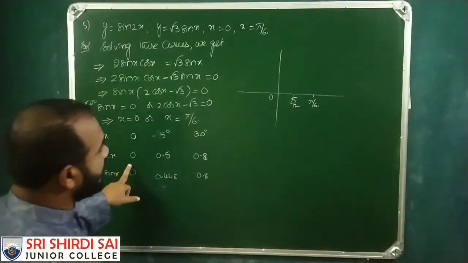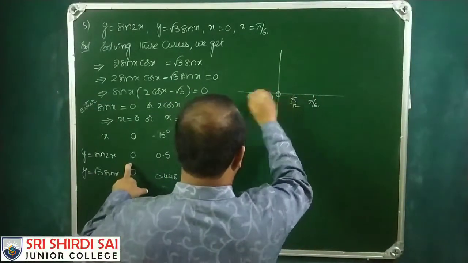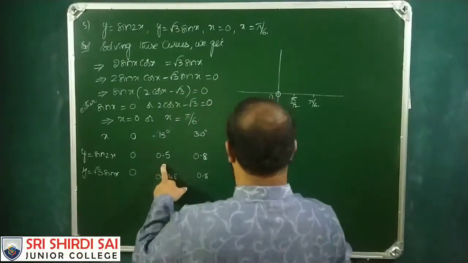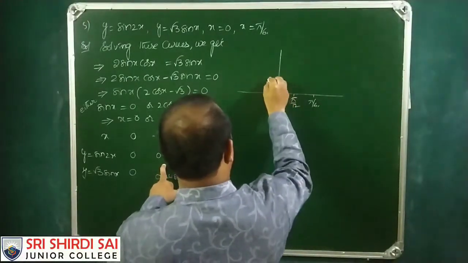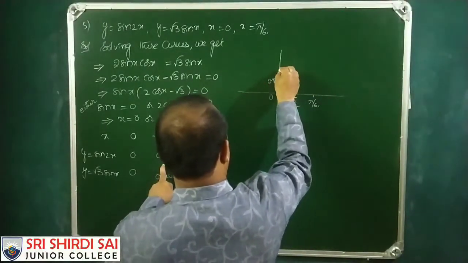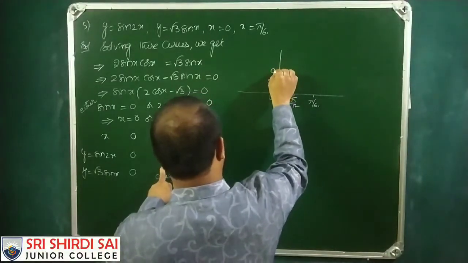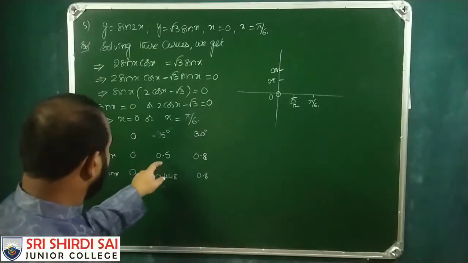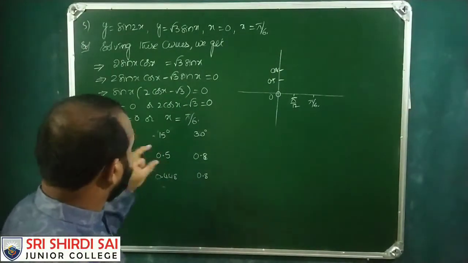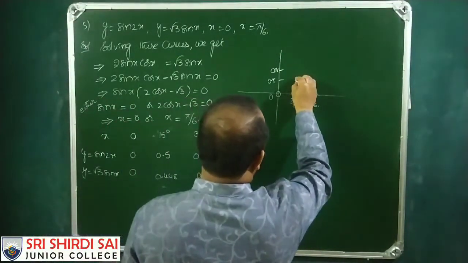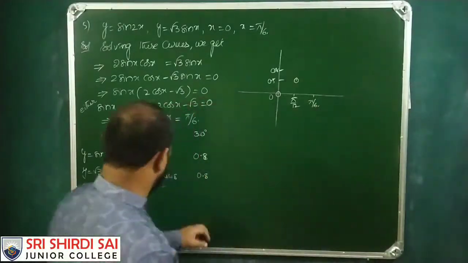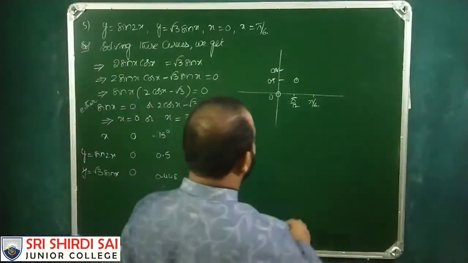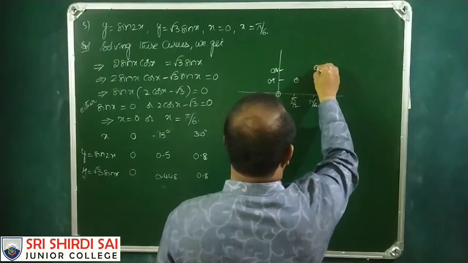Now at 0 the value is 0. At pi by 12 the value is 0.5, and above this will be 0.8 at 30 degrees.